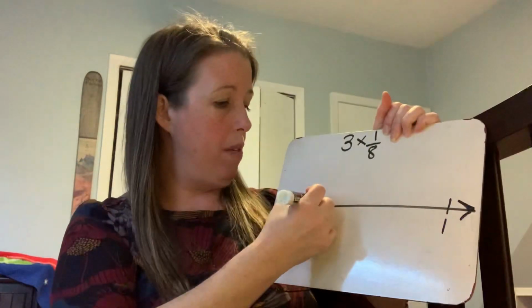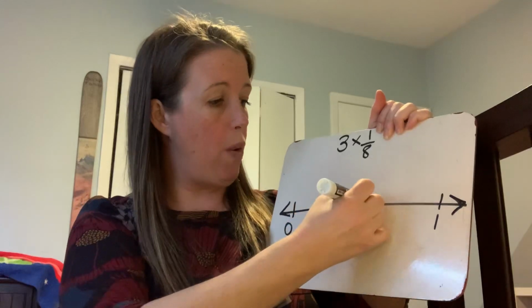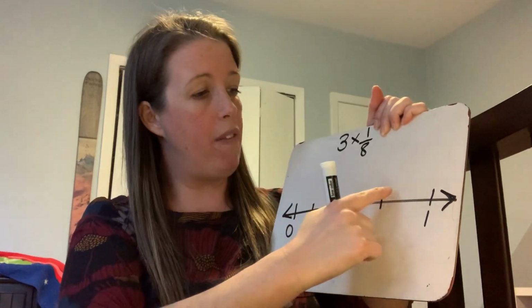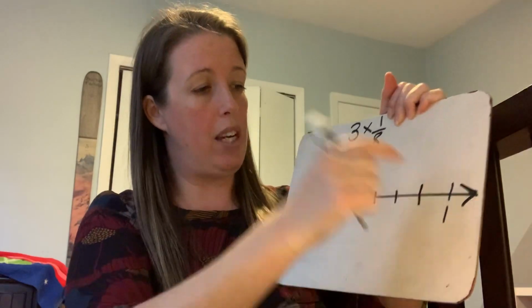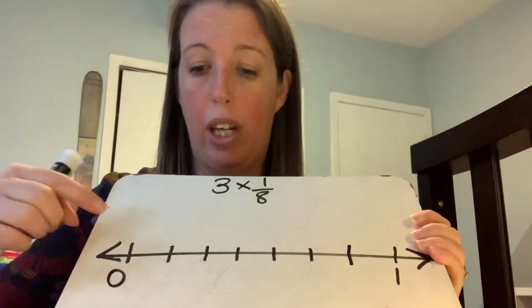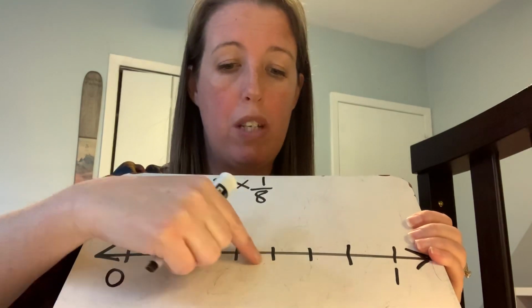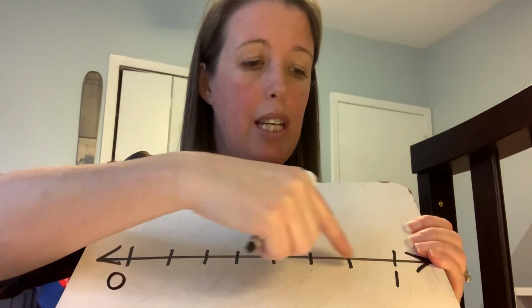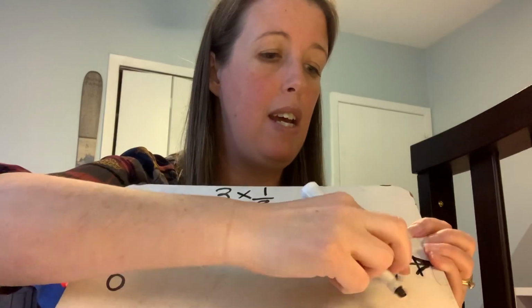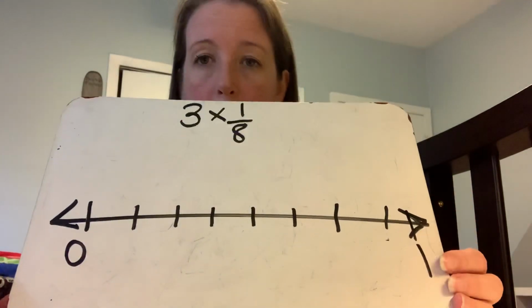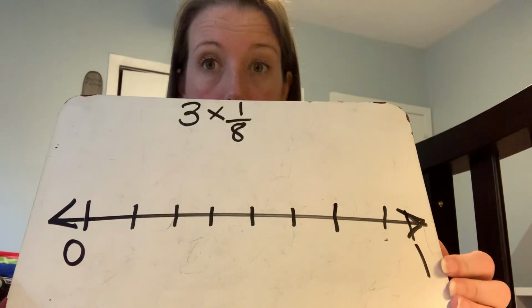So the 0 is my first. 1, 2, 3, 4, 5, 6. 1, 2, 3, 4, 5, 6, 7, 8. And now if we look carefully, I have 1 part, 2, 3 parts, 4, 5, 6, 7, 8. So my number line is now broken into 8s.